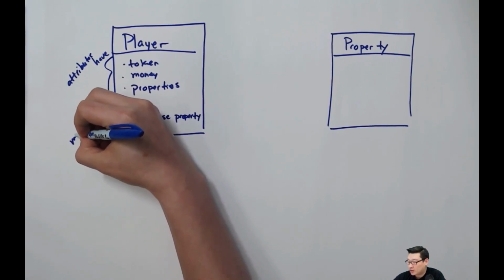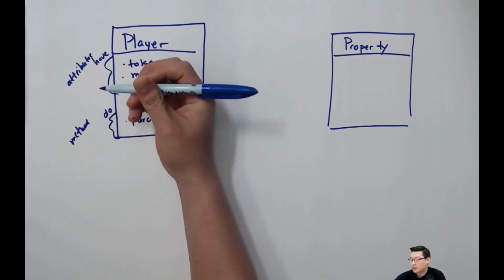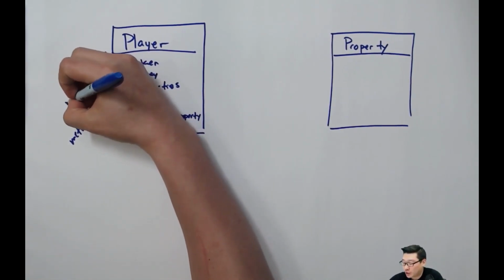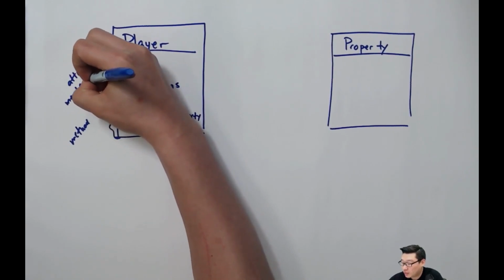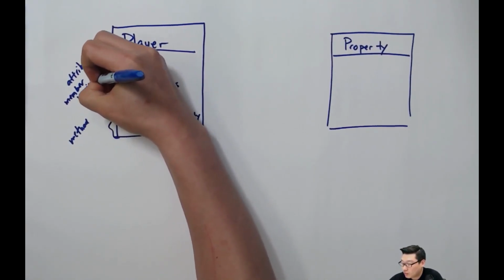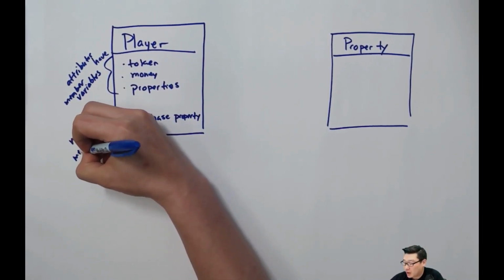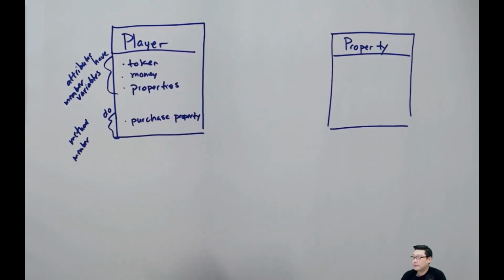They're called methods, and we heard about these things before. So attributes are what players have. Methods are what players could do. In Java specifically though, attributes are also referred to as member variables, and methods are also referred to as member methods. So we just attach the word member in front of it.